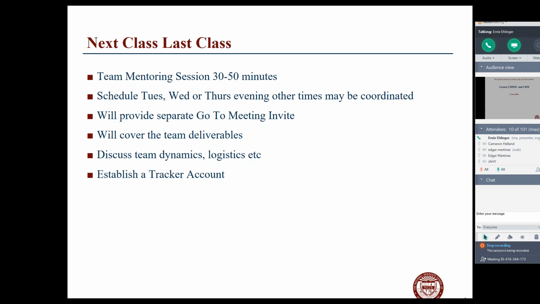I need one of you to let me know about the time that's convenient to you, and I'll try to give you your choice. And what I'll do, I'll send you back a GoToMeeting invite. That will be a confirmation of our mentoring meeting. Okay, and so it's a time that everybody in your team should be available.